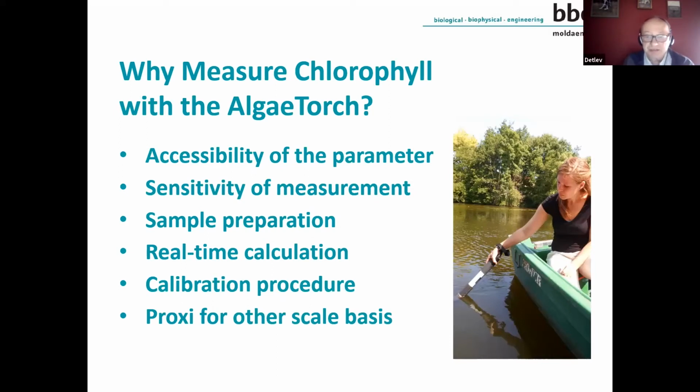Well, you see it here in the picture on the right side with my colleague Friederike. She uses this AlgaeTorch. You just have to dip it inside, and this parameter is so easy to access. You just dip it in, start the instrument, and get an immediate answer within milliseconds of the amount of chlorophyll A inside of the water.